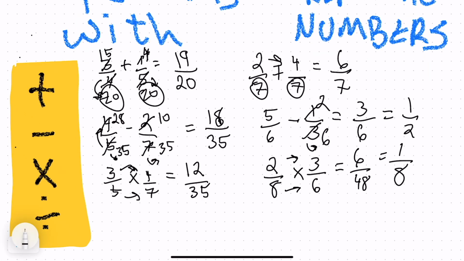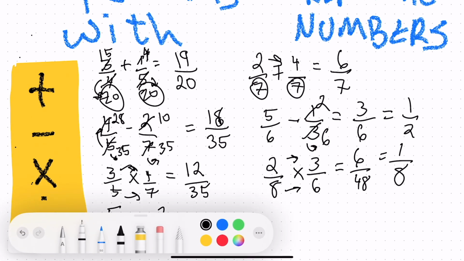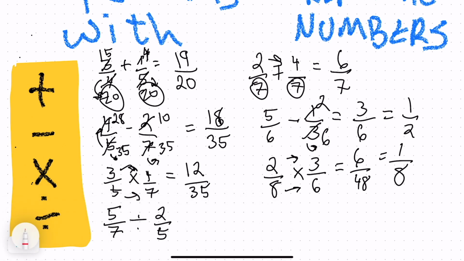Next, moving on to our division problem, let's start with this, which is 5 over 7 divided by 2 over 5. Now, in case it's been a while, remember that when you have a division problem with fractions, what you're going to want to do is scratch out the division problem and make it a multiplication problem, and then we're going to flip the second fraction, so we no longer have 2/5, but we actually have 5 halves.